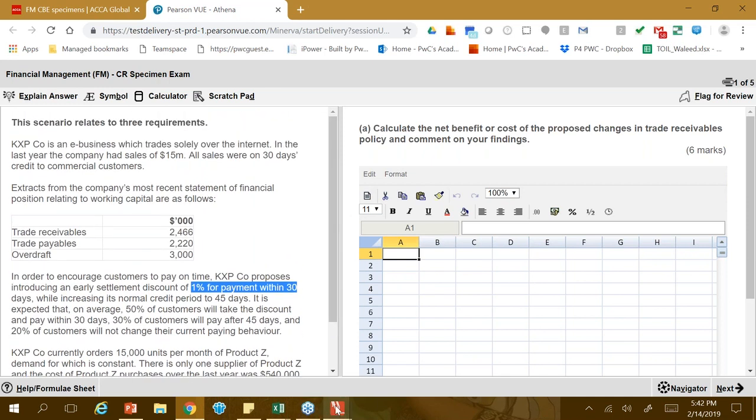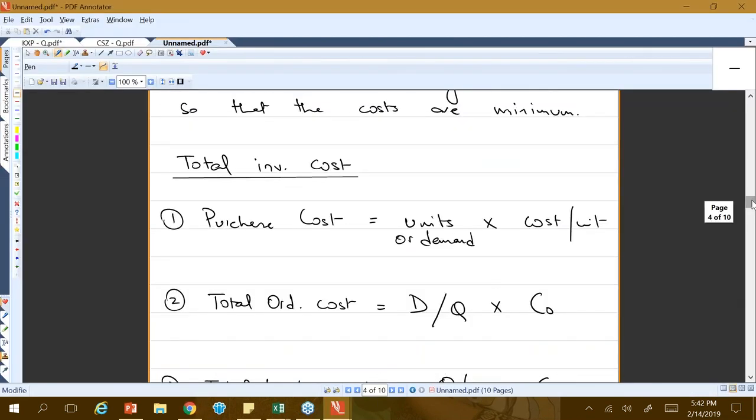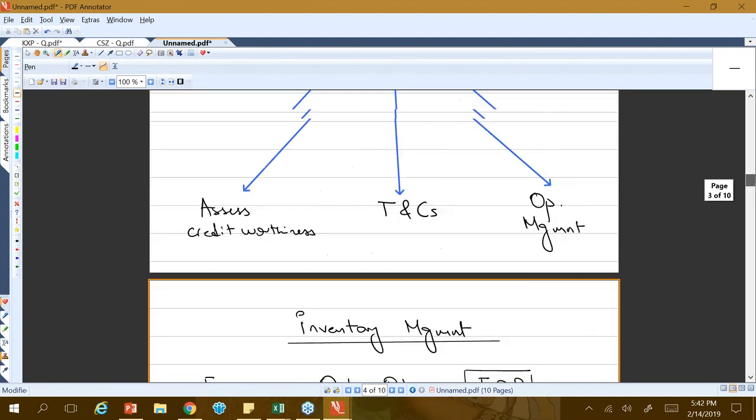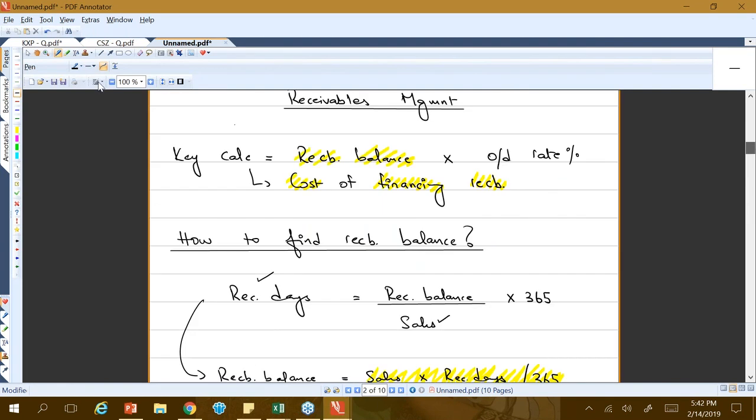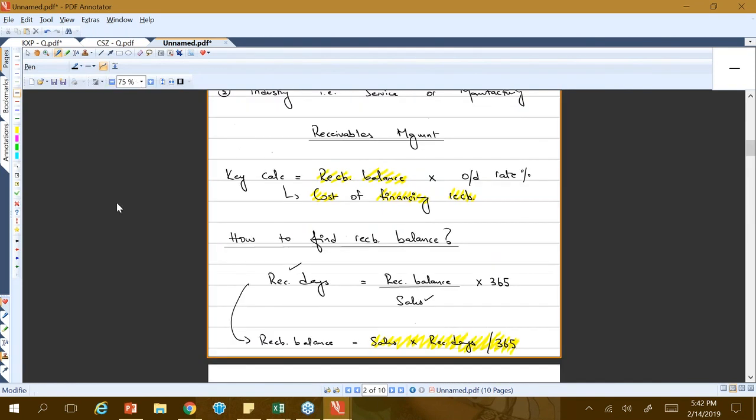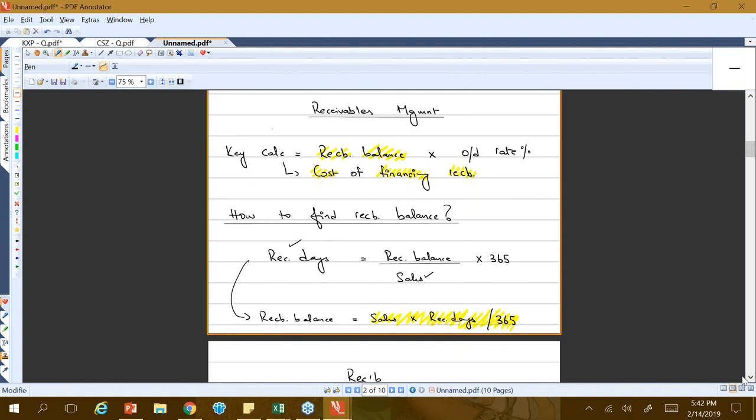Now, before I go into this working, can I please ask you to revisit this calculation where we talked about the receivables balance, cost of financing, and the idea of finding the receivables balance? Can you please keep this in front of you? So the key calculation is receivables balance into overdraft rate.